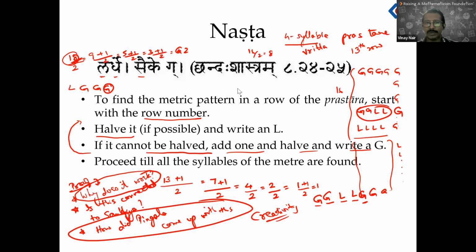So do you want to do one more exercise, just to get better hands-on practice? Let's take the 23rd row of a 5-syllable prastara, and let's take the 52nd row of a 7-syllable prastara.